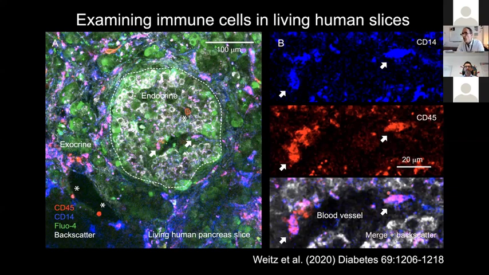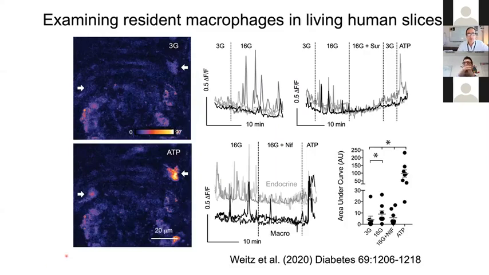So now that we know which cells we're dealing with, we can perform functional studies on these cells because we have loaded these slices with a calcium indicator. And this is shown here. Again, we can expose the slices to several stimuli. And in most cases, we start with changes in glucose concentration.